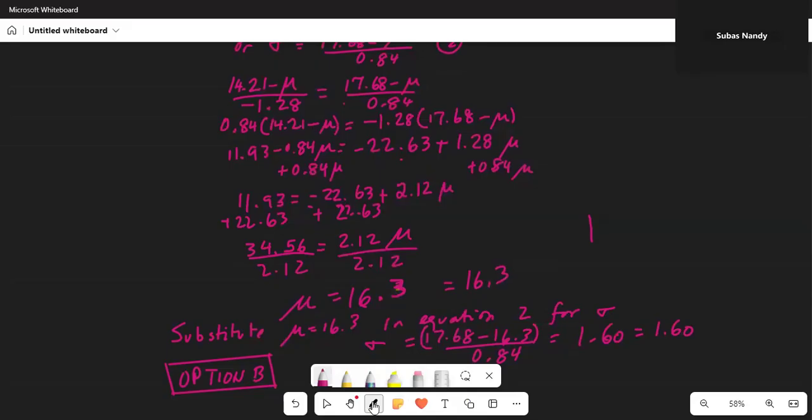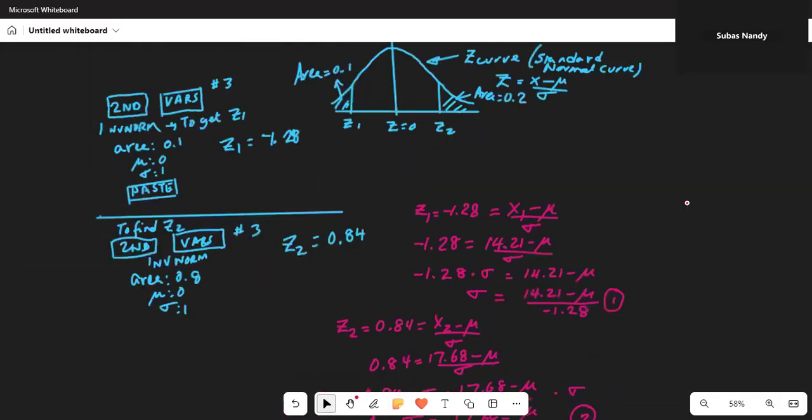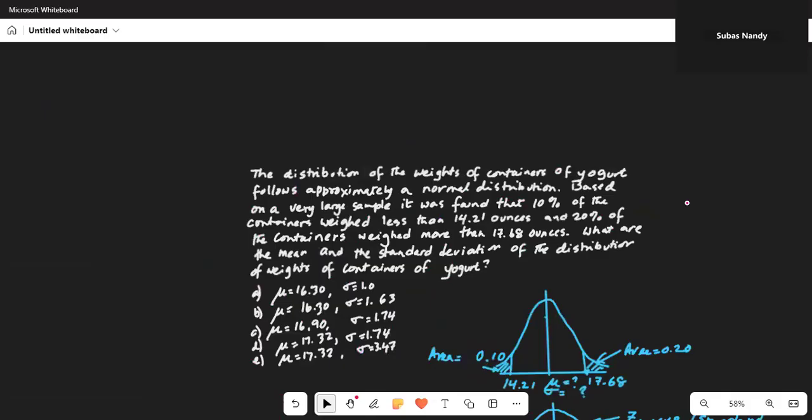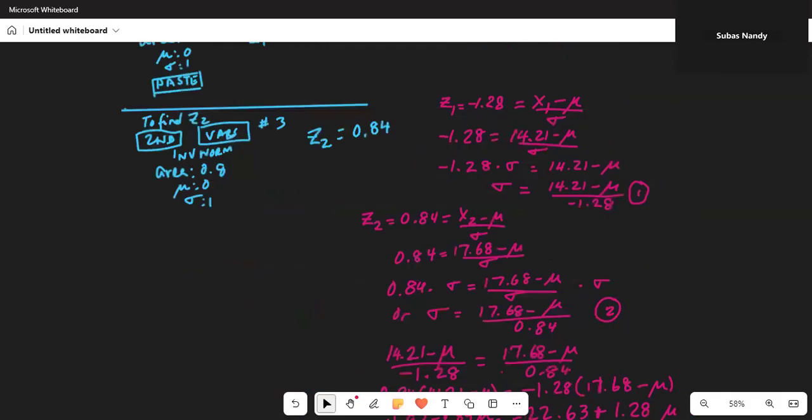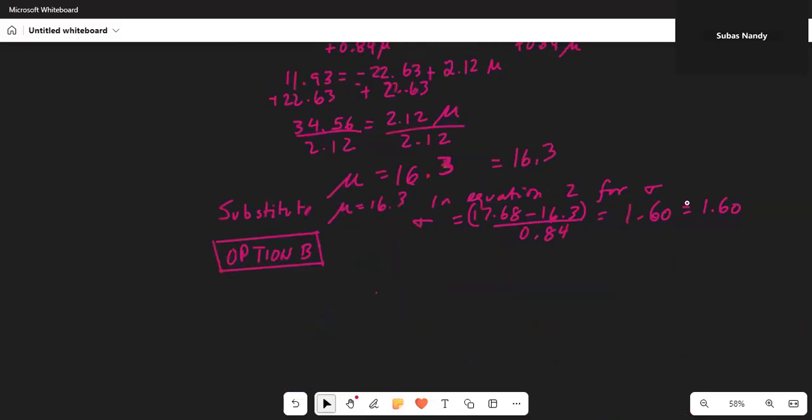Okay, that is option B. If we move up, option B, mu is 16.3 and sigma is 1.6, which matches with the answer. Option B is the correct answer.